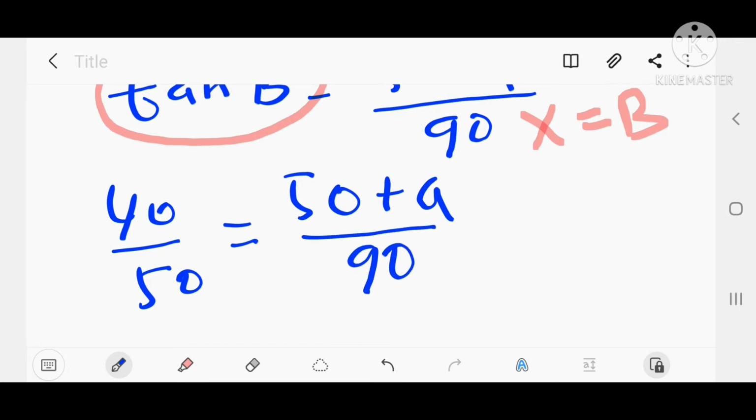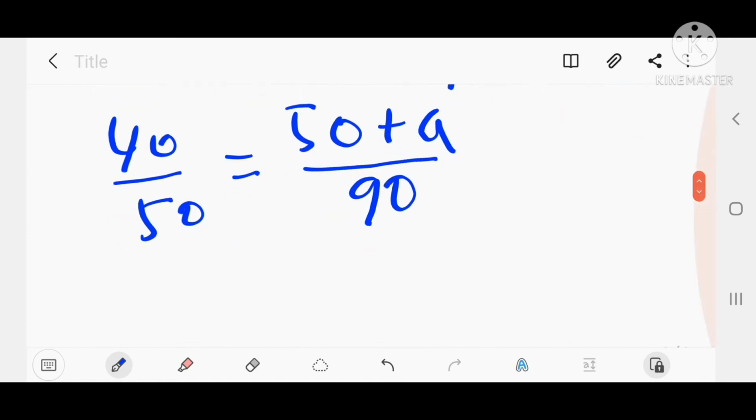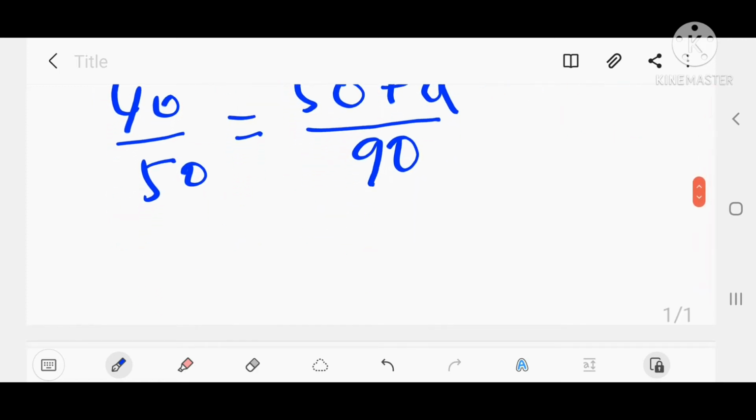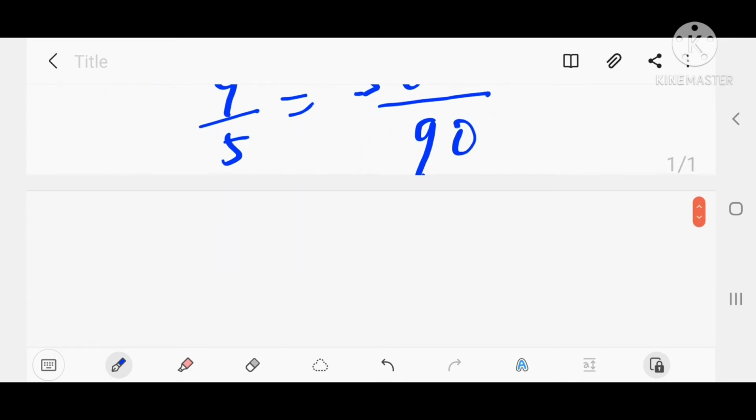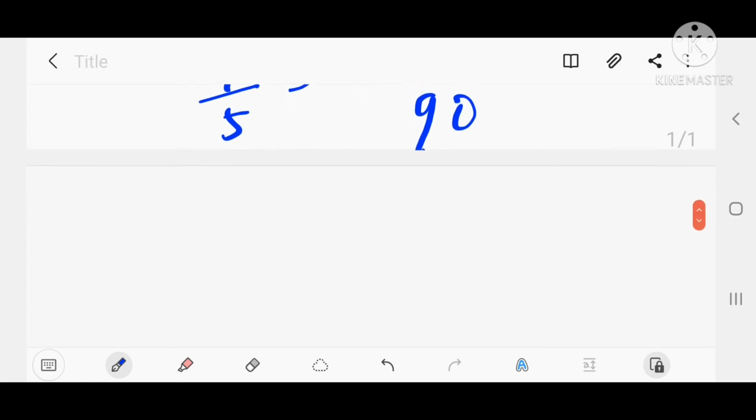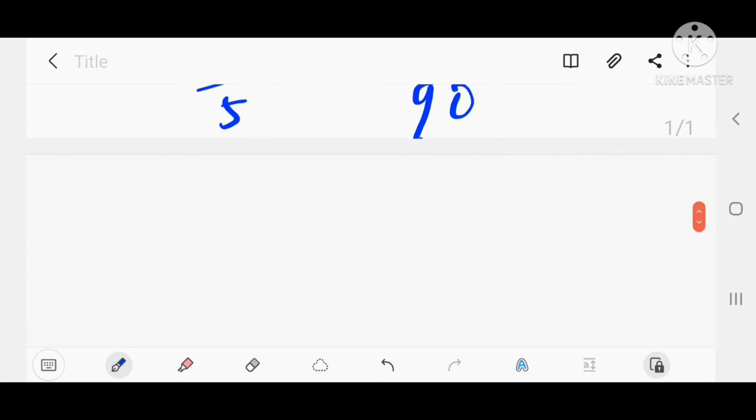That gives us 4 on 5 equals 50 plus a on 90. So we apply the LCM to both sides.